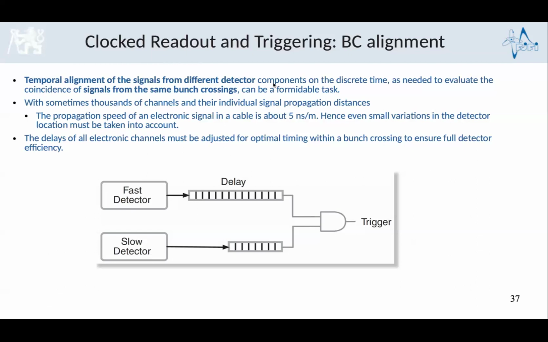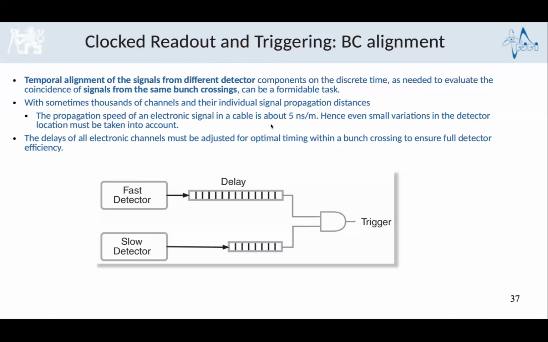And to synchronize this for a big experiment is a huge task, as I said before. When there are thousands of channels in a big experiment, every individual channel can have a different propagation distance of the signal.